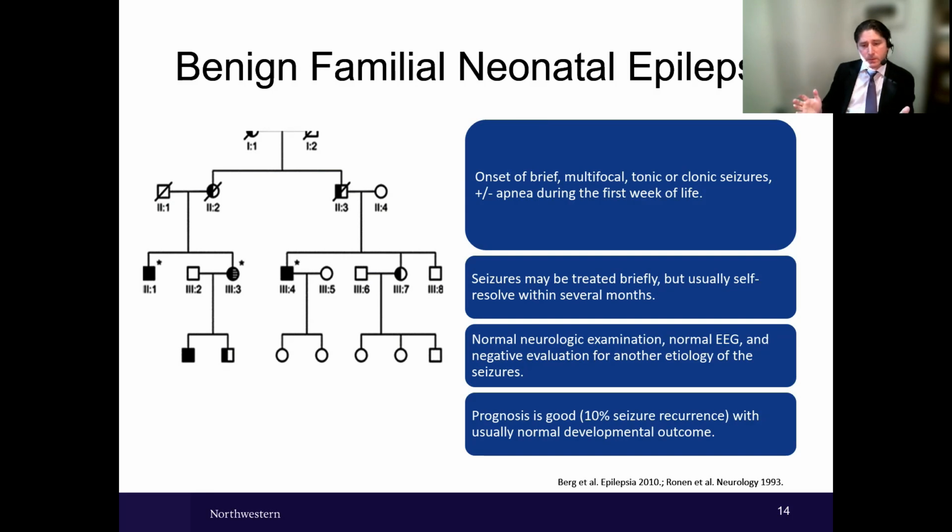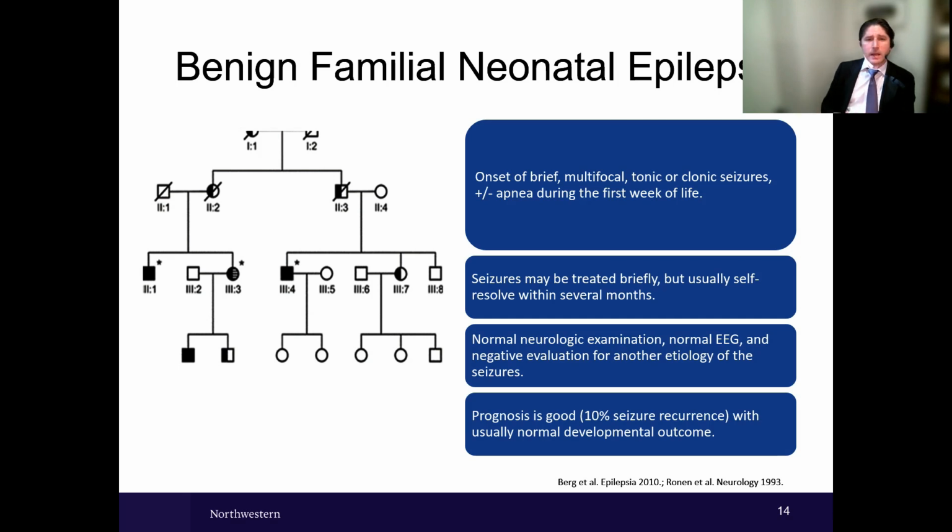But as we've learned more, there is a spectrum. So it's not quite as cut and dry that kids will have the benign familial neonatal epilepsy or the more severe KCNQ2 DEE that I'll talk about next. Some kids are kind of in between as far as seizure frequency, severity, and developmental severity.